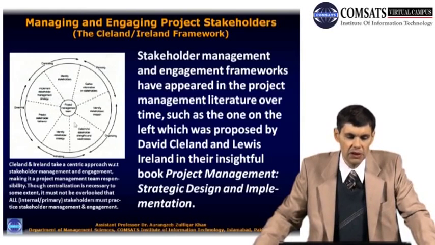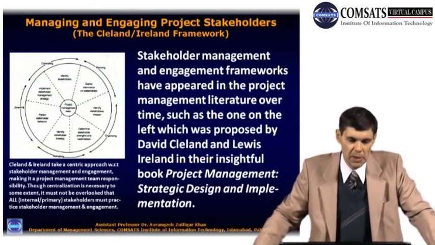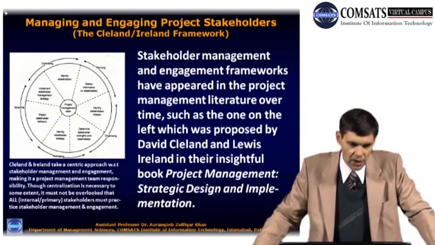These are various functions which the project management team is supposed to perform. And then you have the third outermost layer, which are basically, you could say, various phases of work which the project management team is supposed to do with regards to managing and engaging project stakeholders.